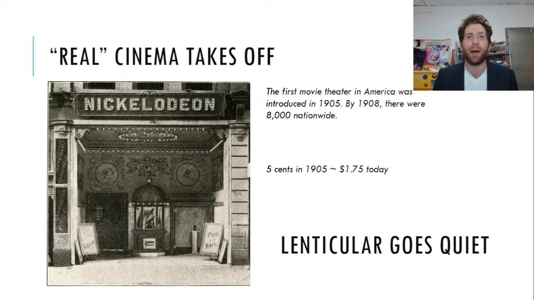They can sync up sound with the movie using a phonograph, and they can have sound and picture moving. It's everything we know of today as video, and it's got to be so exciting in this early period for people to see this, that it just pushes lenticular into this tiny niche.